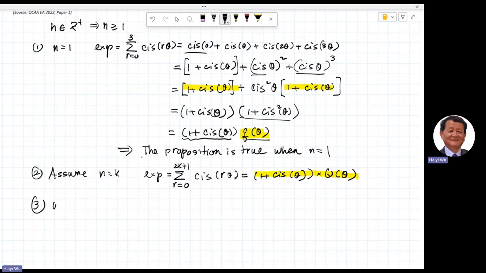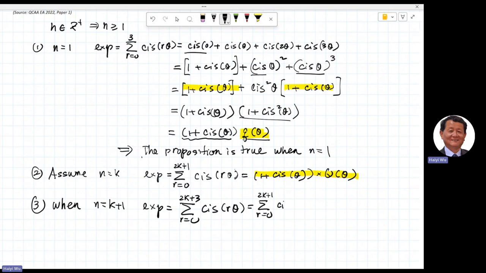So when n equals k plus 1, we also want to show the proposition is true. The expression becomes the sum from r equals 0 to 2k plus 3 of cis r theta. So we can write this as the sum from r equals 0 to 2k plus 1 of cis r theta, and plus the other two.